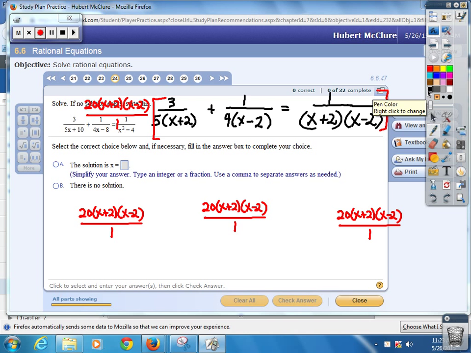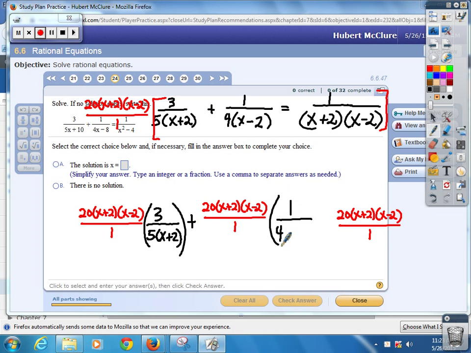So 3 over 5 times x plus 2, plus 1 over 4 times x minus 2, equals 1 over x plus 2 times x minus 2.